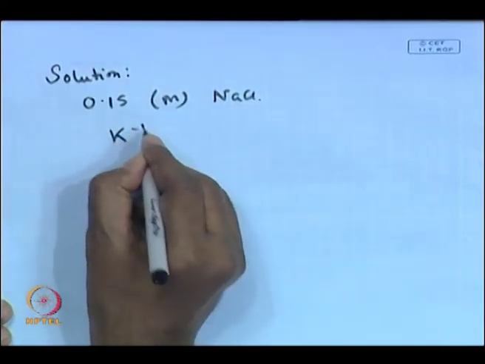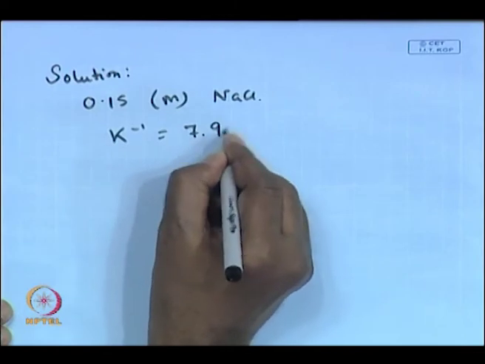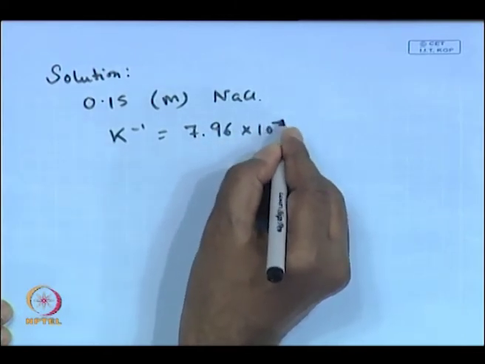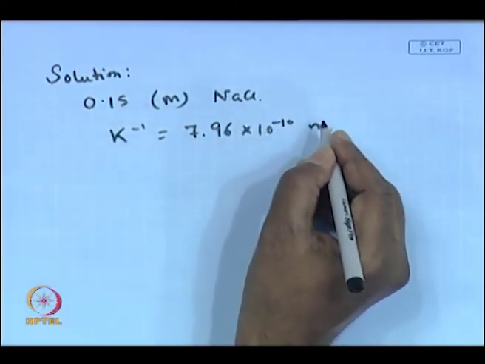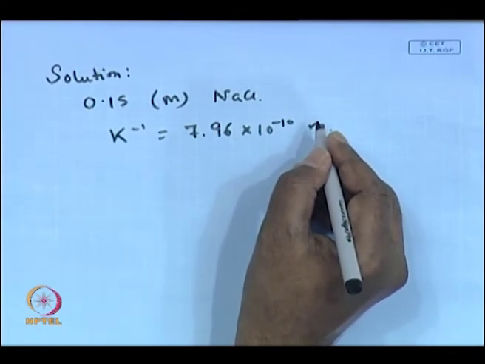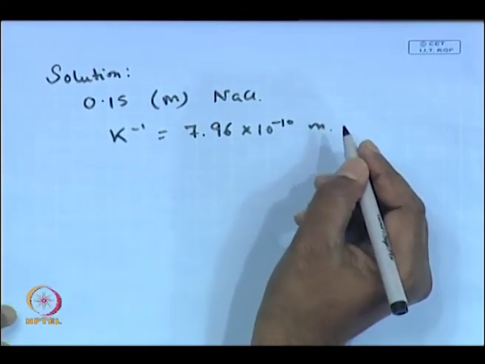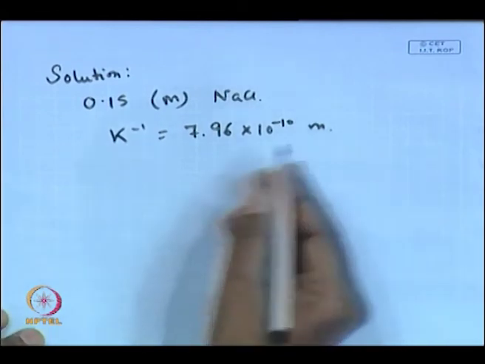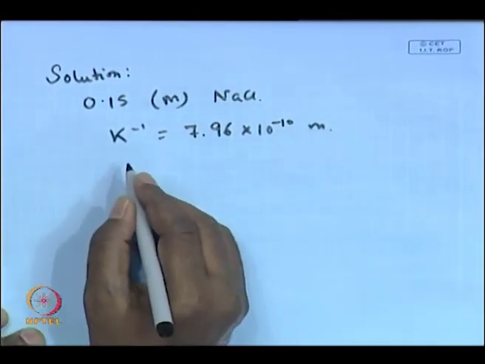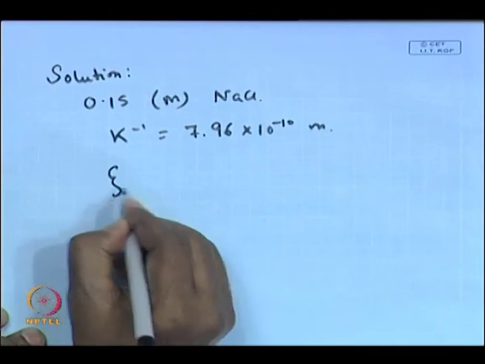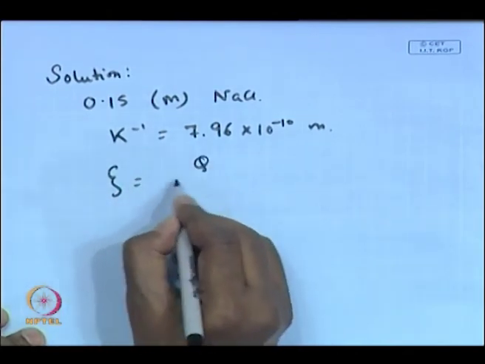So, kappa inverse turns out to be 7.96 into 10 to the power minus 10 meter. So, the Debye length is 7.96 angstrom, right.